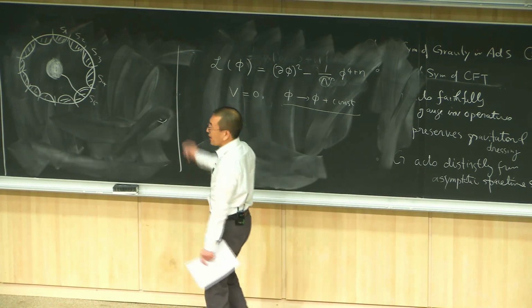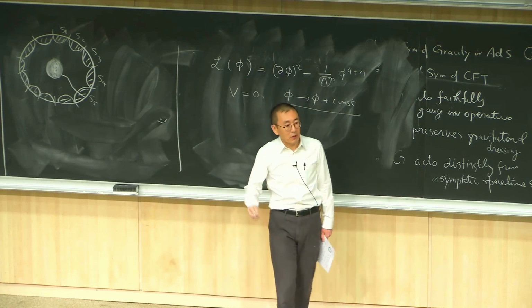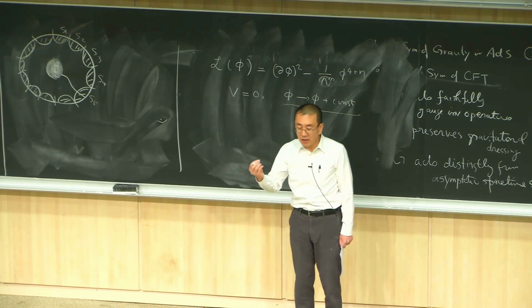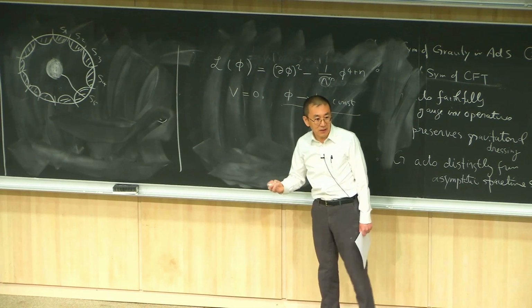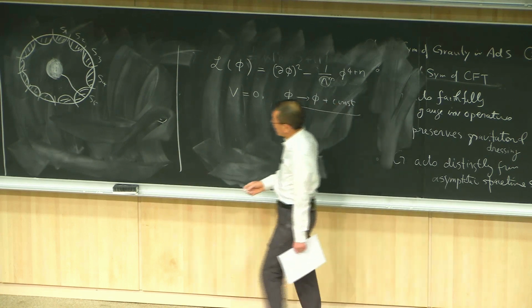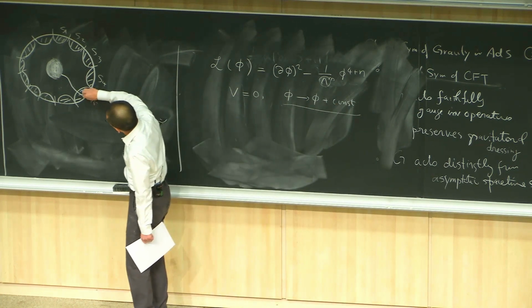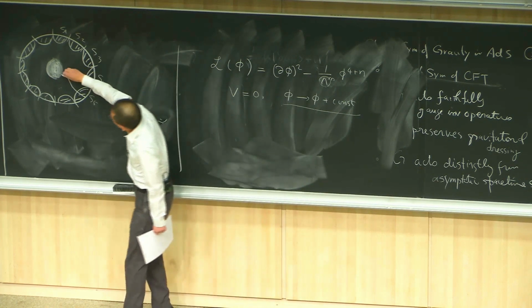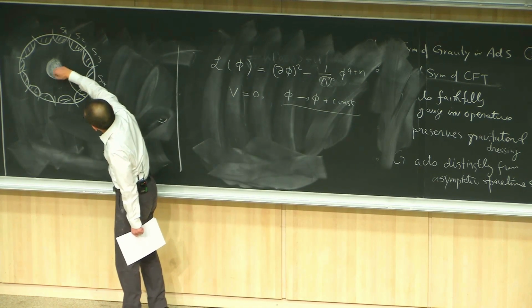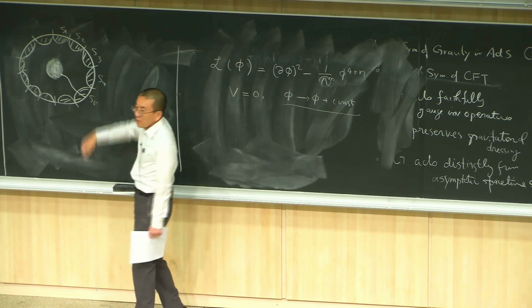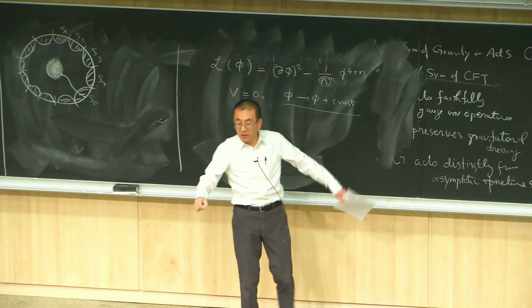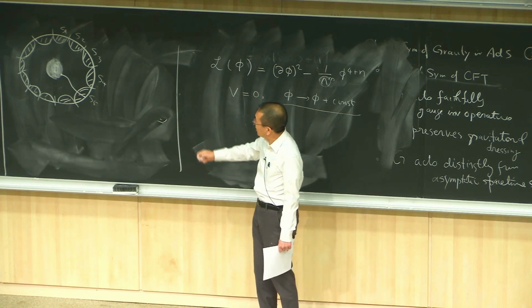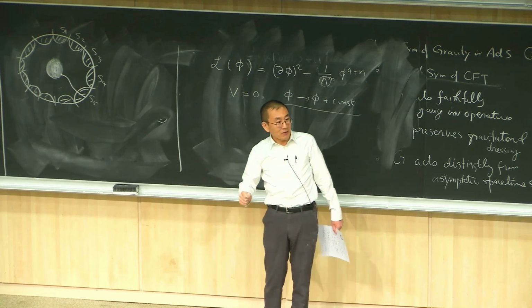This is what, for example, in the case of quasi-local excitation, the Kabat-Lifschytz construction tells us. One edge of the Wilson line ends on this local excitation, but the other edge should end somewhere on the boundary.